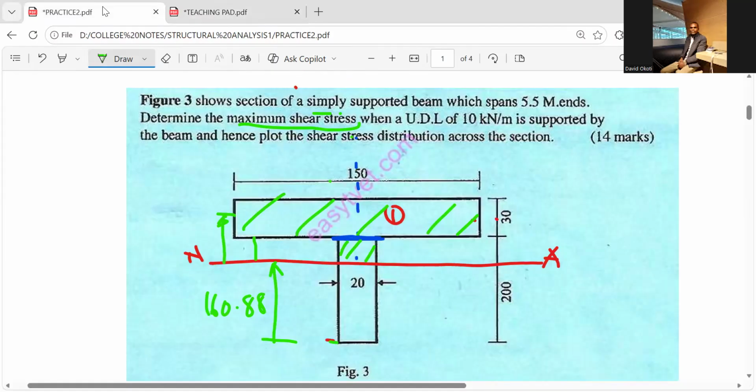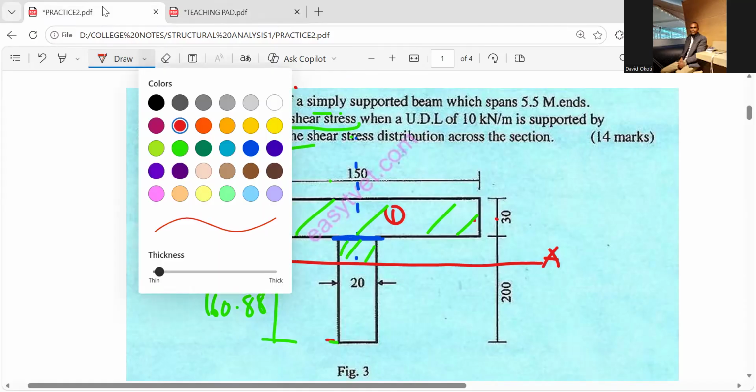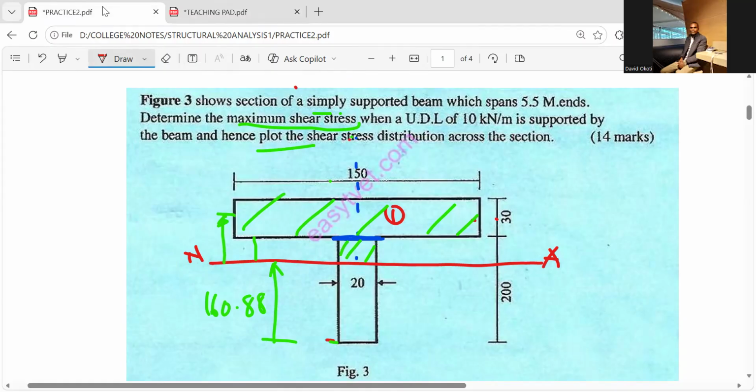But now remember, for me to be able to plot the shear stress distribution, I have to find the value of shear stress at point A, at point B, at point C, and at point D. But already at point C is the maximum, which is at the neutral axis. So it is okay.